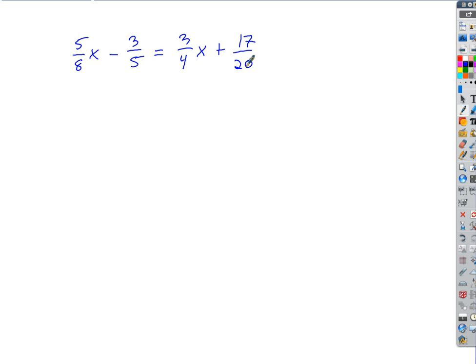Ugly, lots of nasty fractions. Would everybody agree that would be a really inconvenient problem to try to deal with if we didn't clear the fractions, right? Okay, so we definitely want to clear the fractions. I've got 4 separate terms, fractions in all of them. What's going to be the number by which I'm going to multiply both sides? 40. So the least common multiple of 8, 5, 4, and 20 would be 40, because we can all identify it, right? Okay, I want to show you one other little trick here. That's an important one.